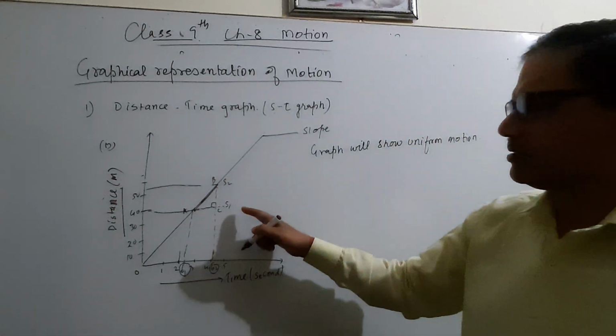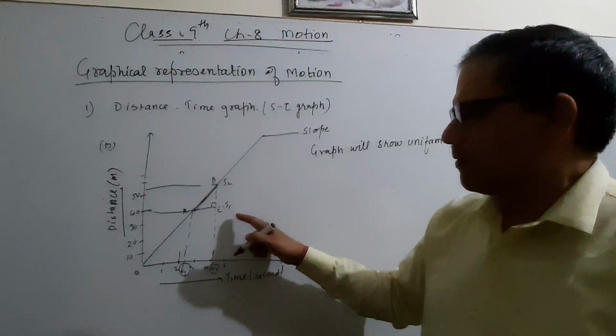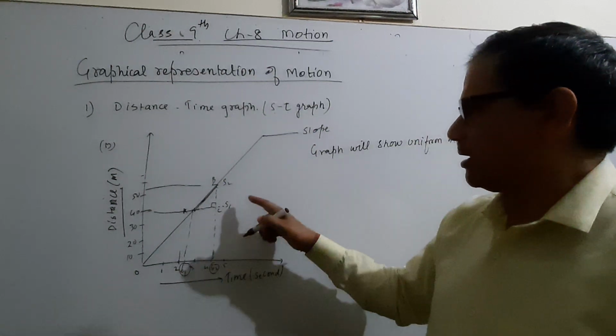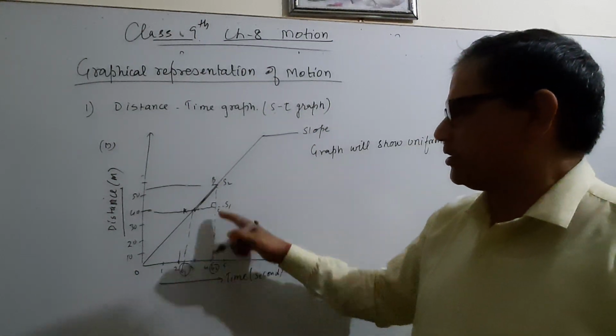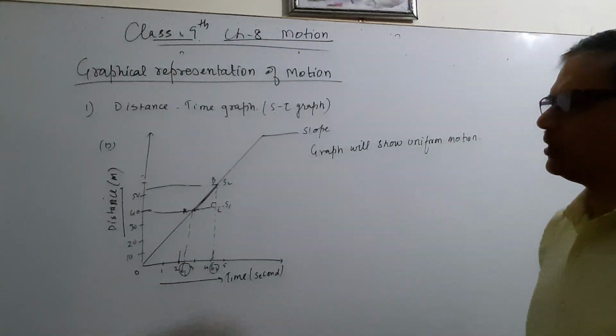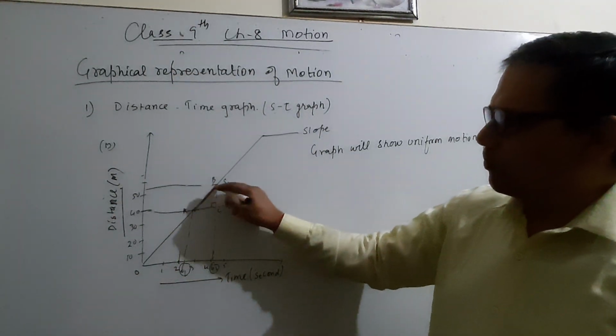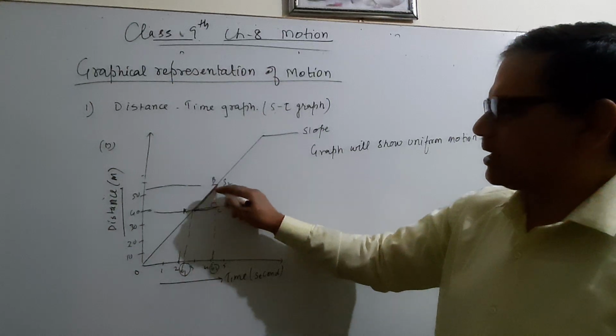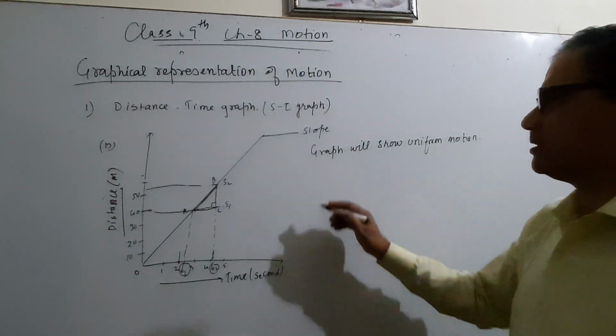S1 is the distance covered in T1 seconds and S2 is the distance covered in T2 seconds.